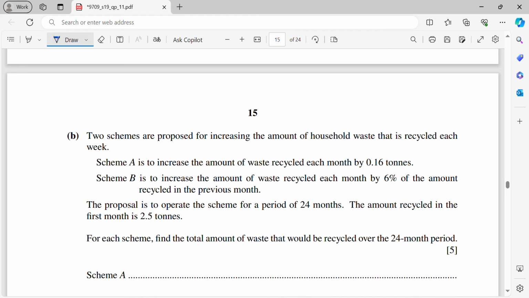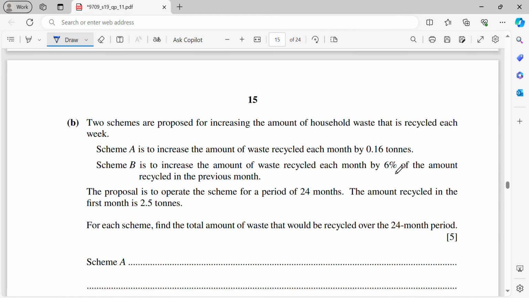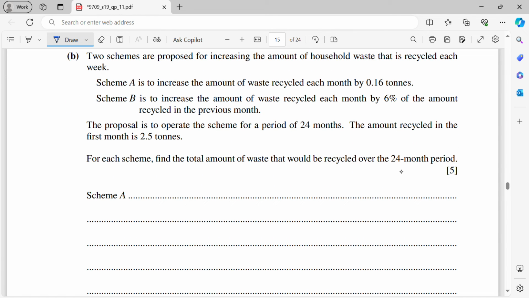Now part B. Two schemes are proposed for increasing the amount of household waste that is recycled each week. Scheme A is to increase the amount each month by 0.16 tons. So it is a fixed increment, that is arithmetic progression. Now scheme B is to increase the amount of waste recycled each month by 6%.